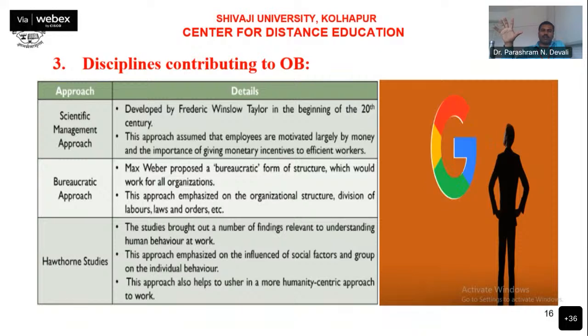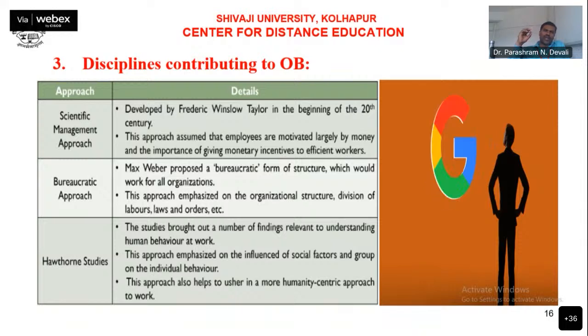That is scientific management approach. शेवटी आपण when we think about any business organization, there is a final aim, basic aim. We want to earn maximum profit. Simultaneously, right now we want to think about wealth maximization. This approach developed by Frederick Winslow Taylor, that is F.W. Taylor, in the beginning of the 20th century.